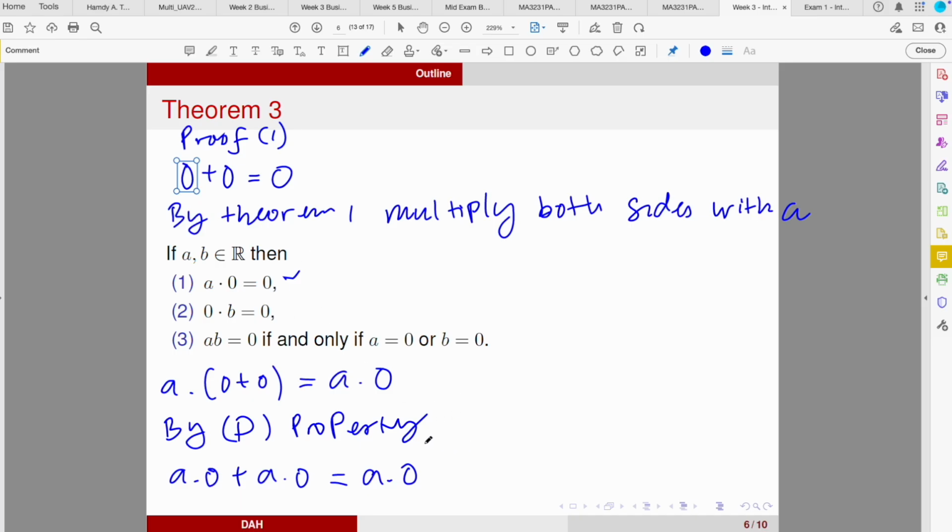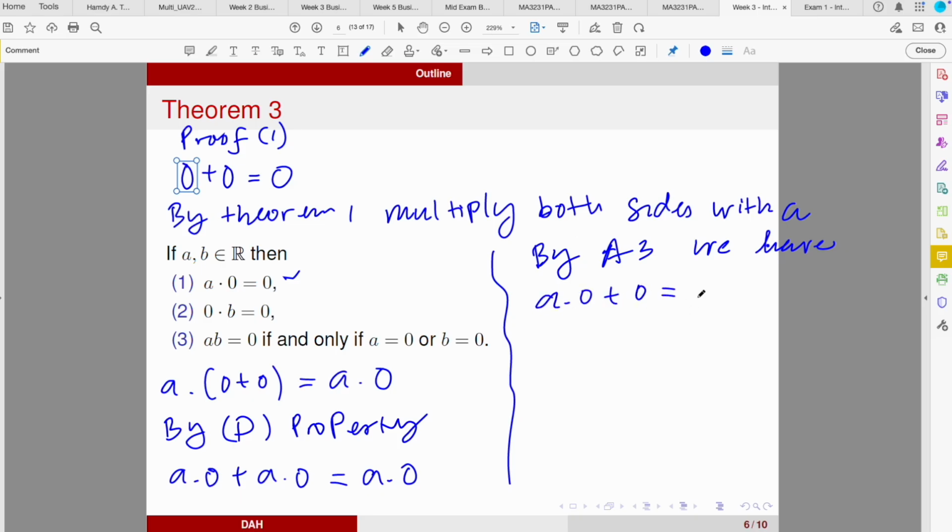Axiom 3, what is that? 0 plus A equal to A. Which one do you use? By axiom A3, we have A times 0 plus 0 is A times 0, right? I can write it like that.